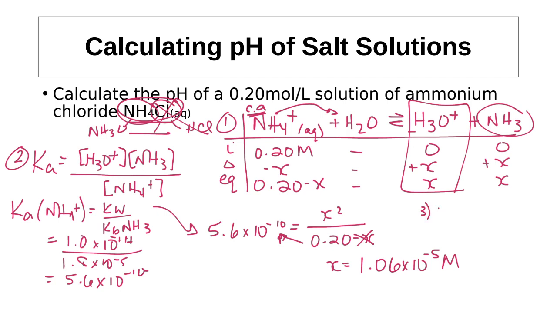So we're going to quickly calculate the pH of my salt solution by taking the negative log of the concentration of hydronium, subbing in that 1.06 value, and we get a pH of 4.98. Remember, with pH values, we'll always go to 2 decimal places. So there you go, taking these applications of acid-base equilibrium and applying them to salt solutions.